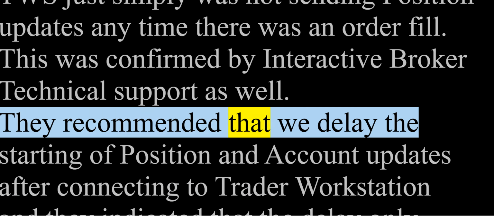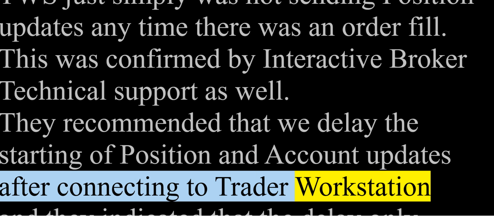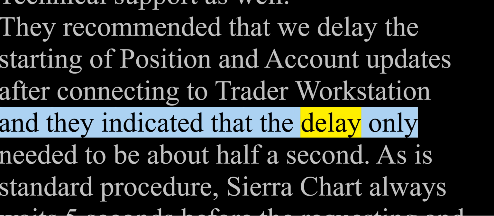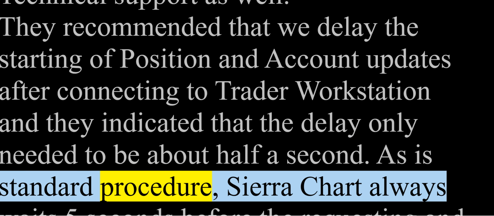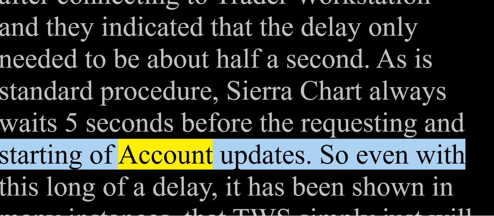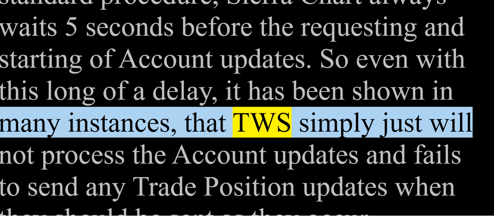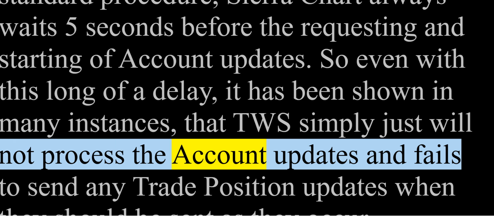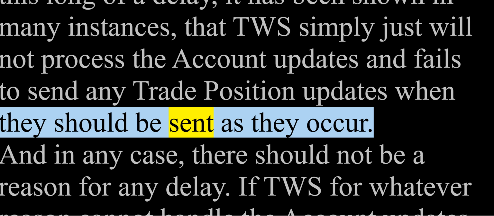They recommended that we delay the starting of position and account updates after connecting to Trader Workstation, and they indicated that the delay only needed to be about half a second. As a standard procedure, Sierra Chart always waits 5 seconds before requesting and starting account updates. So even with this long of a delay, it has been shown in many instances that TWS simply will not process the account updates and fails to send any trade position updates when they should be sent as they occur.